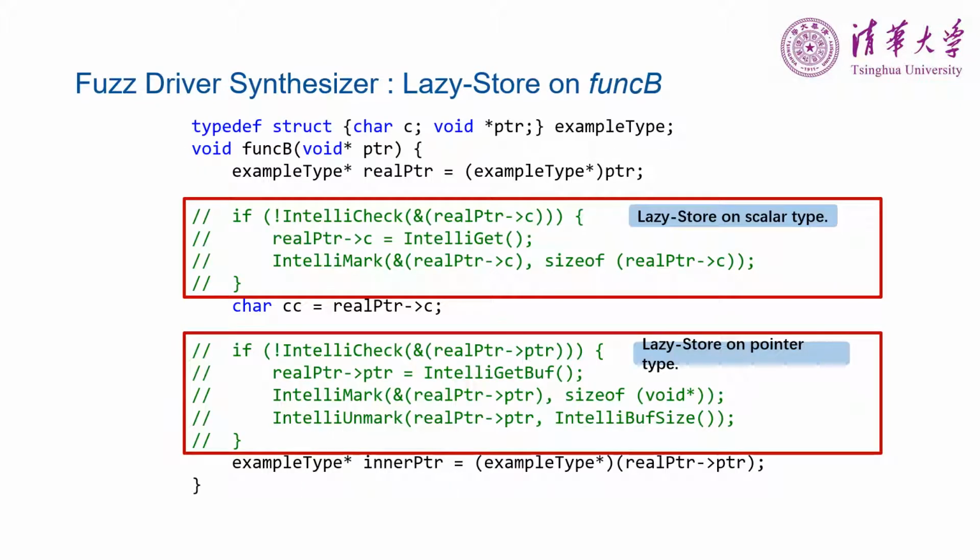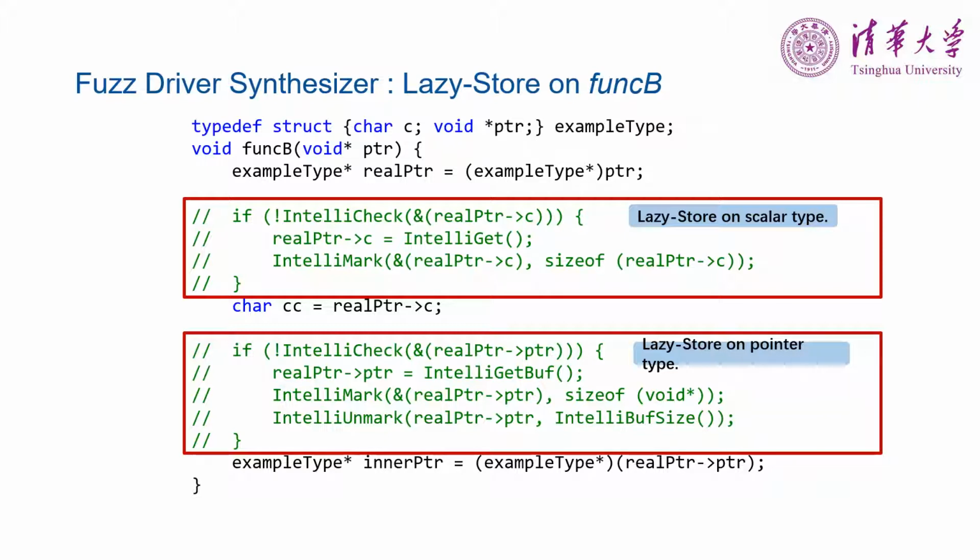Here is an illustration of how we instrument the library. Suppose that we are calling function B. When getting the variable cc, IntelliGen first checks whether cc has been stored before. If not, IntelliGen reads 1 byte from the fuzz engine and stores it to the address of the variable cc before the dereferencing operation.